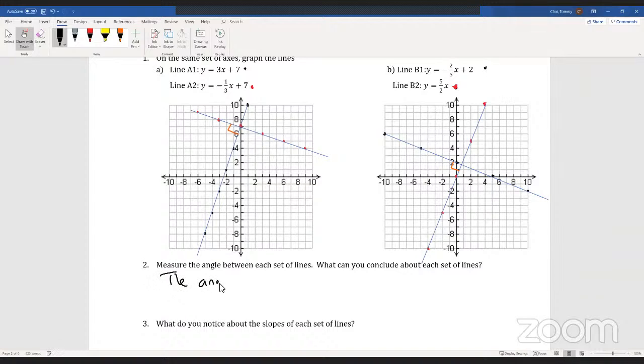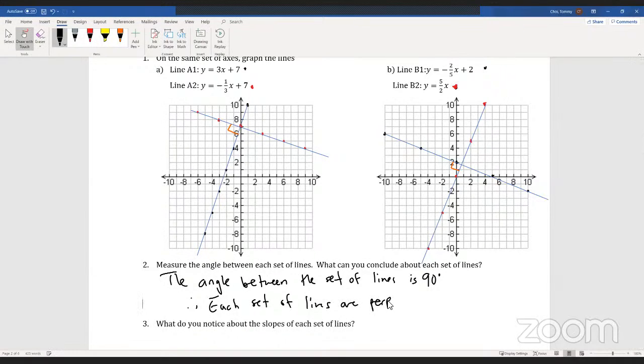The angle between the set of lines is 90 degrees. Therefore, each of these sets of lines are perpendicular.